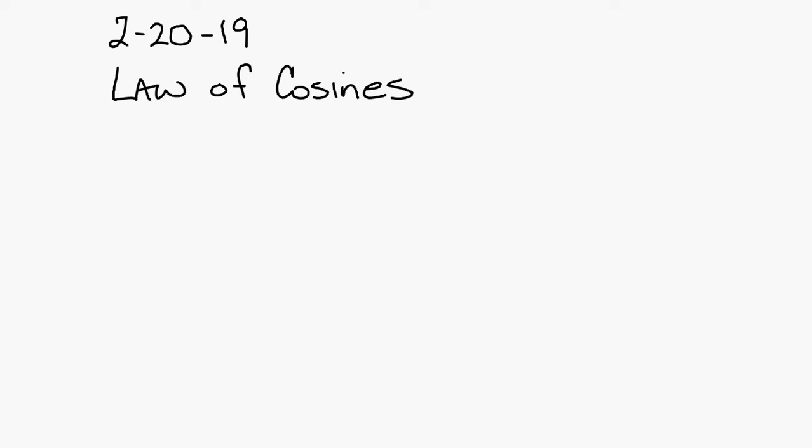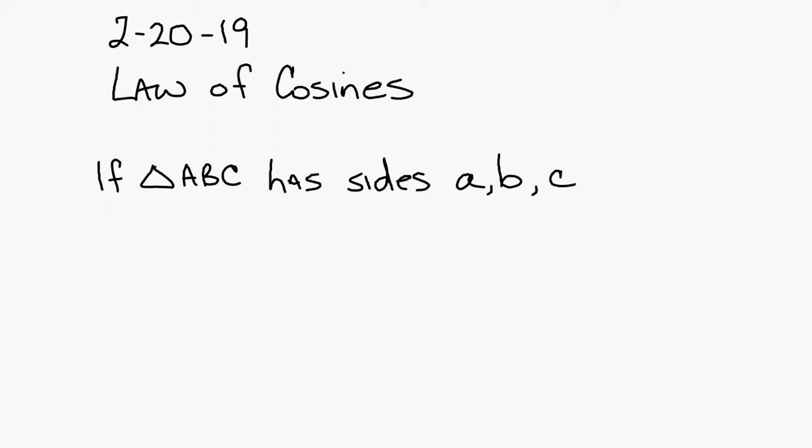if triangle ABC has sides, little letter a, little letter b, little letter c, then... Alright, here's the then. Here's the picture. You've got this triangle.